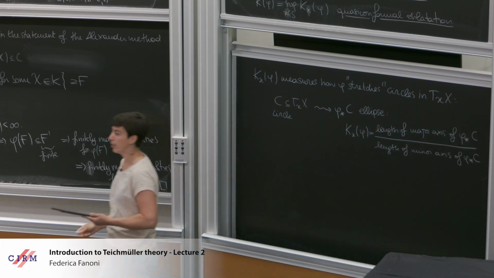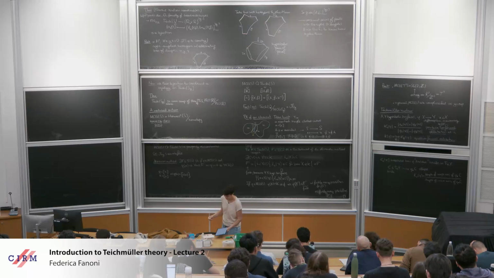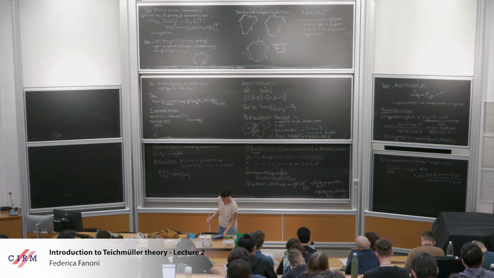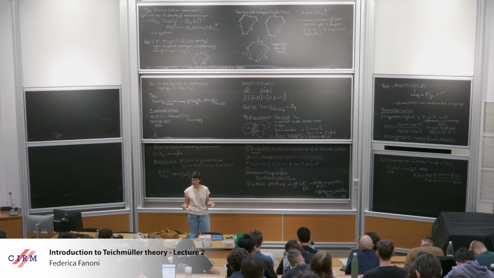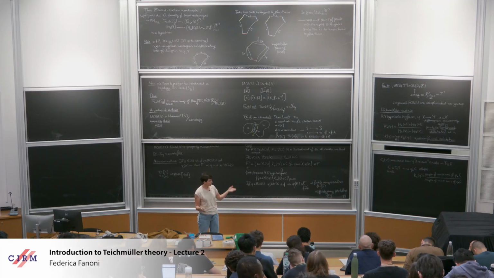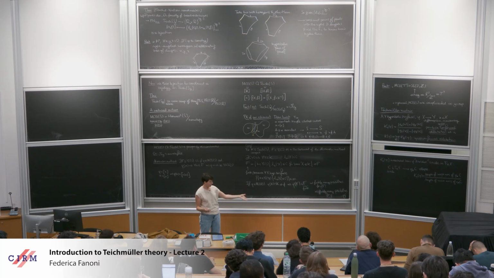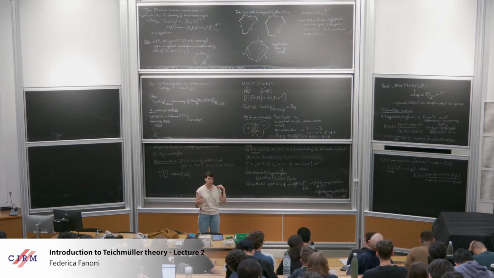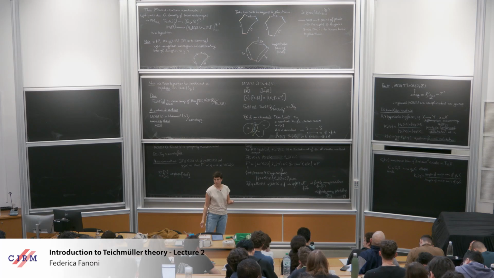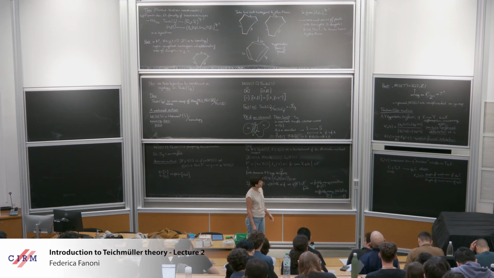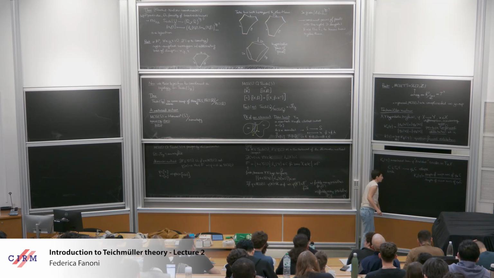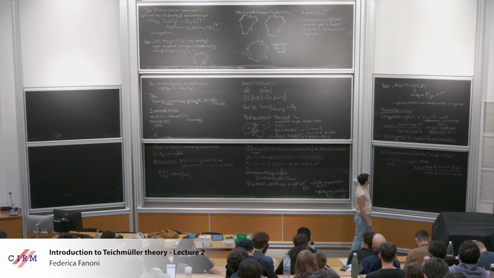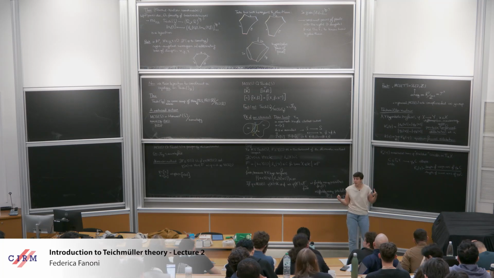Okay, so the main idea: how do we want to describe the distance? We want to choose a class of maps, and something that tells us how much each map distorts, and one way of choosing that is to look at its quasi-conformal dilatation. This is a measurement of how much this map distorts the metric. Then you can define a distance between two points by seeing how little I can distort to go from one to the other.